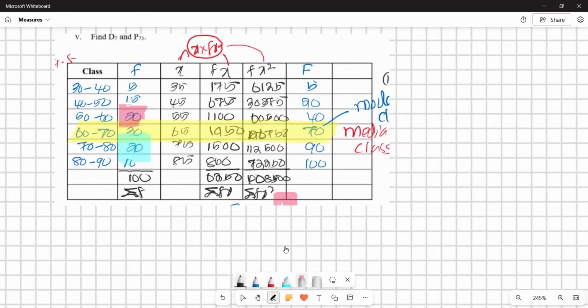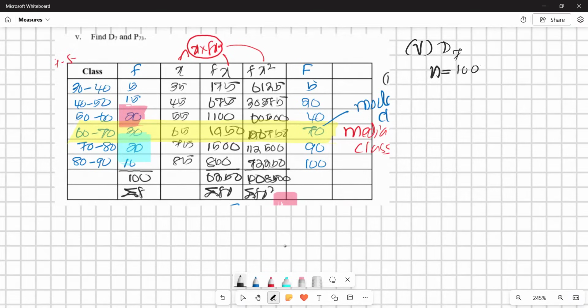D7 is the 7th decile. In here the total is 100.